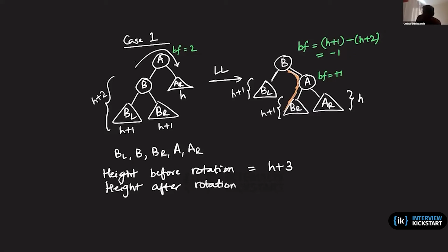The height there is H plus 1 plus 1 plus 1. So all the nodes achieved balance. The height of the whole subtree did not change. So why should the managers above me have to bother?